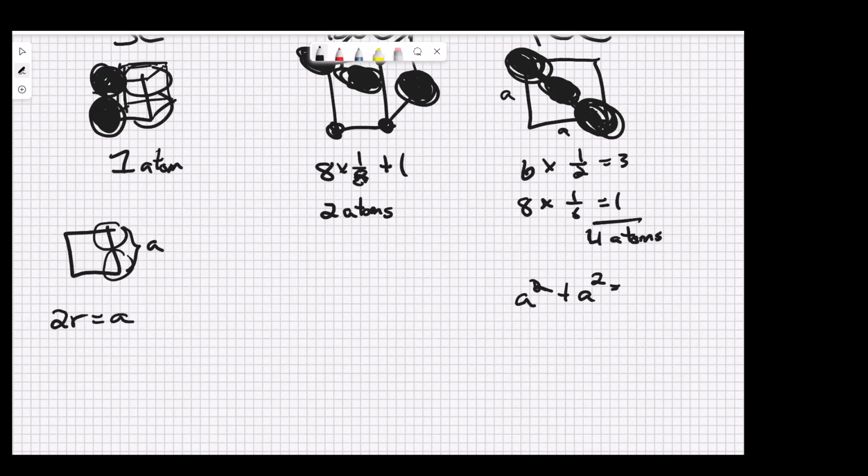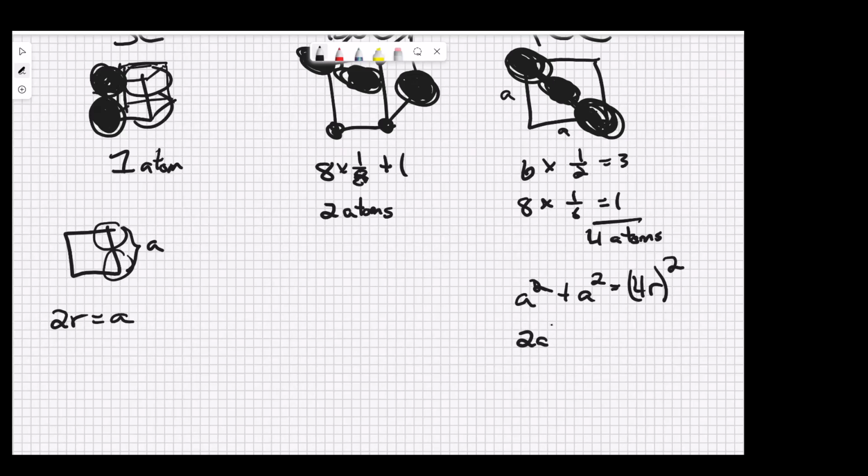But how many radii are in that diagonal? Well, there's 2 radii from the one in the center of the face, and 1 radius from each one on the corners, so that's 4 radii. So this is going to be equal to 4 radii squared. So we need to find the relationship.